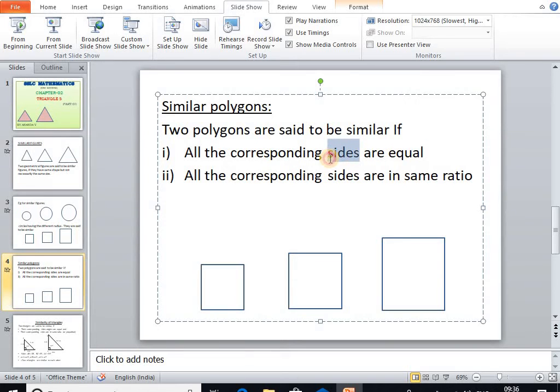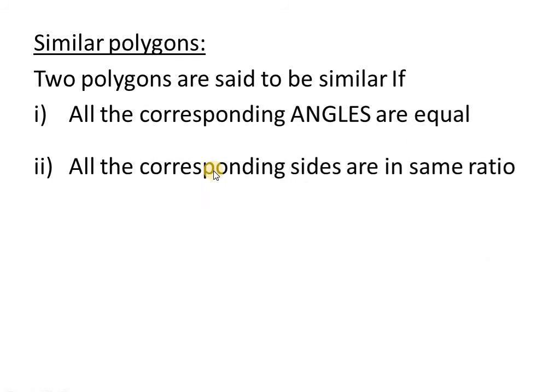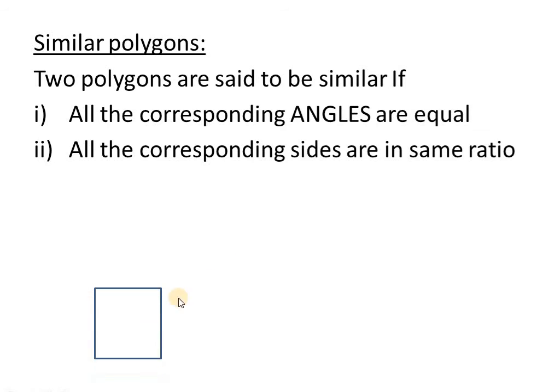These corresponding angles are equal, and the corresponding sides are in the same ratio. In this figure, the corresponding angles are equal and the corresponding sides are in the same ratio.